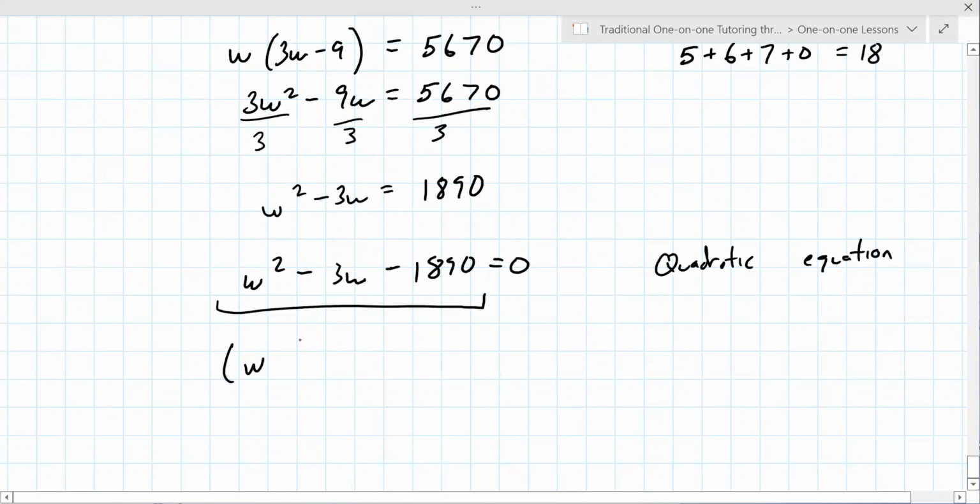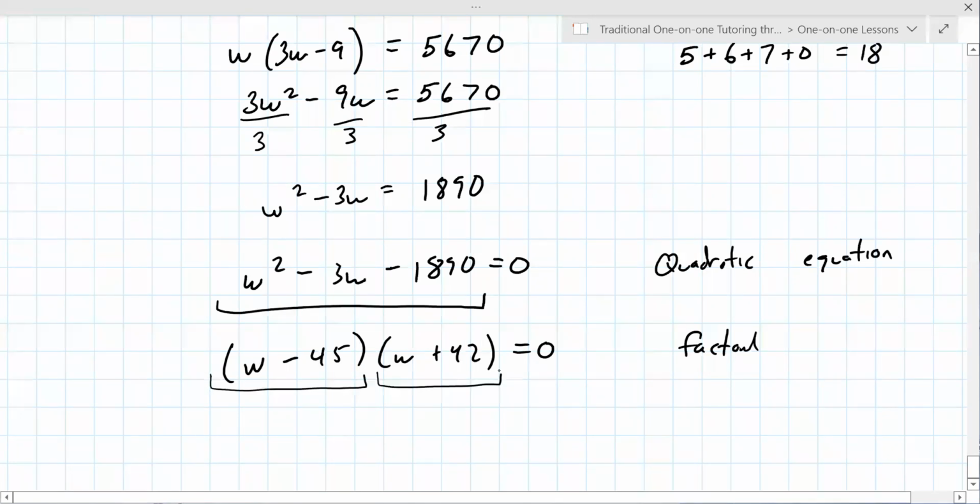So I'm going to factor this for you because it's going to take too much time if I ask you to do it. Now that it's factored, and we'll talk about how to do this in another skill, how do you find the values of W? Do you remember what you do with each of these factors?